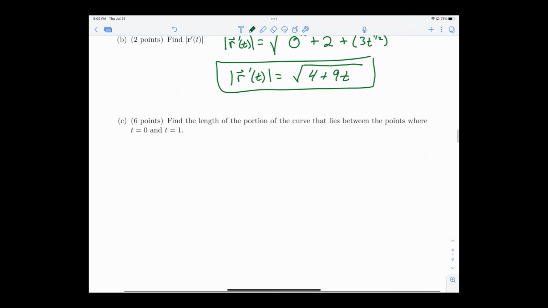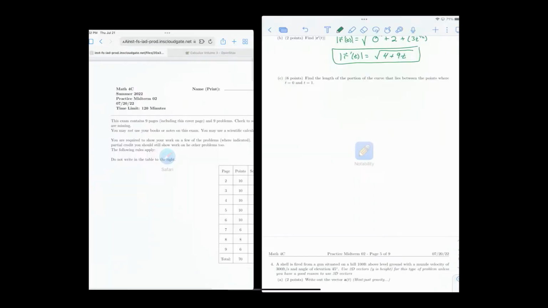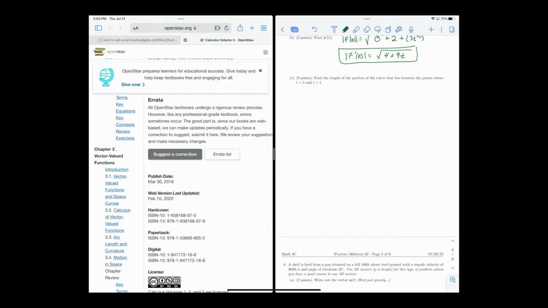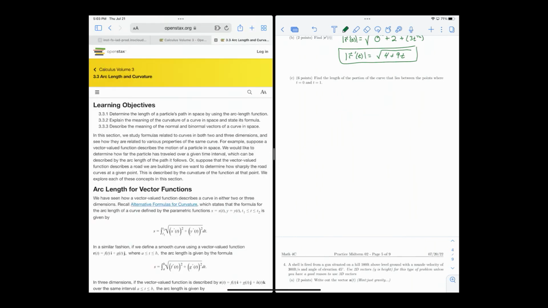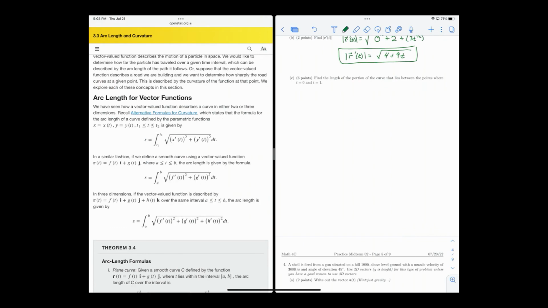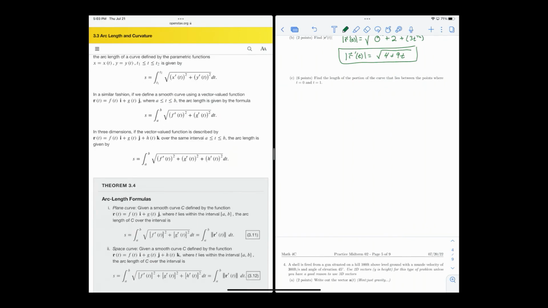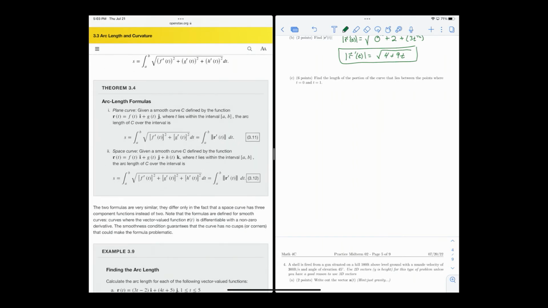Find the length of the portion of the curve that lies between the points where t equals 0 and t equals 1. Okay, so how do we do that? If you look in section 3.3 for arc length, then you will simply find the formula.